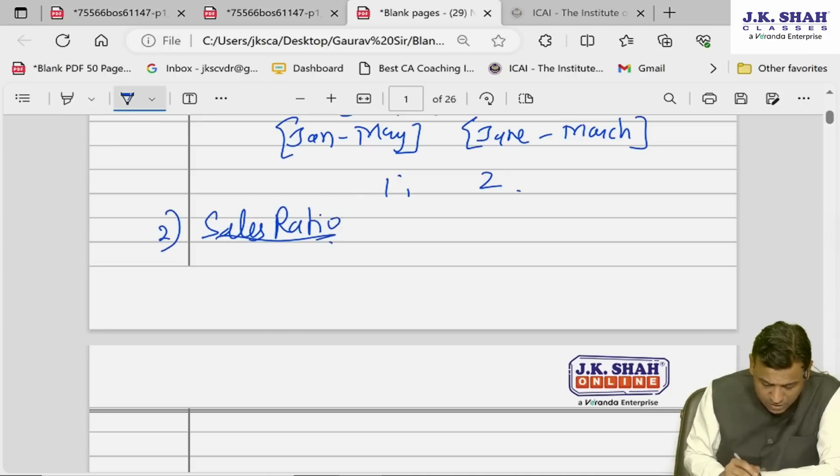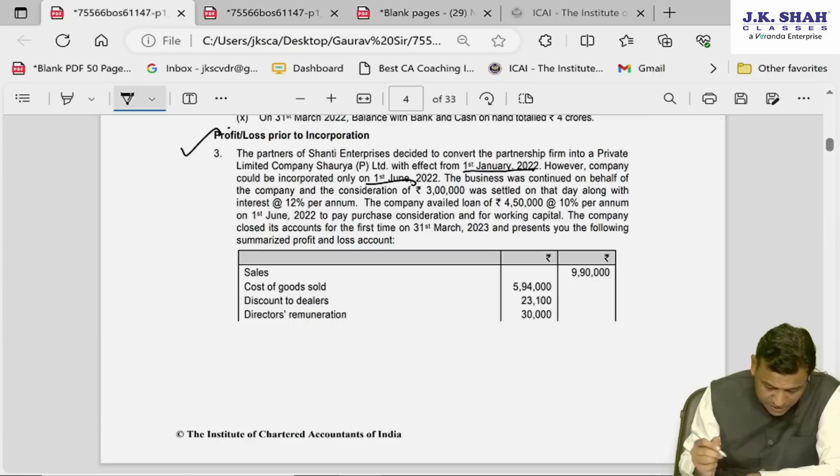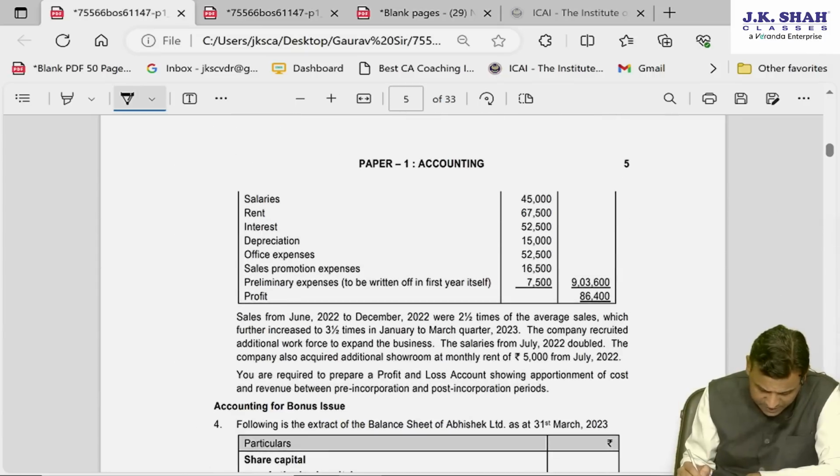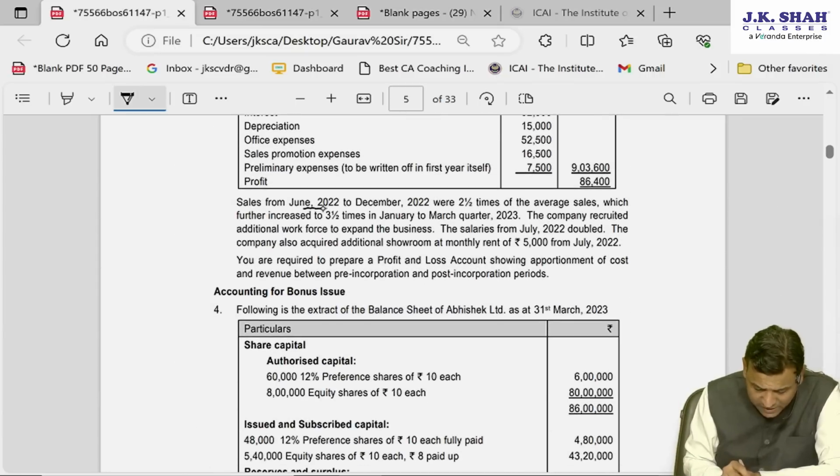Now what does the question say? Read about the sales ratio, friends. These are the two important things. Sales from June to December 2022 were 2.5 times the average sales, which further increased to 3.5 times during the January to March quarter.